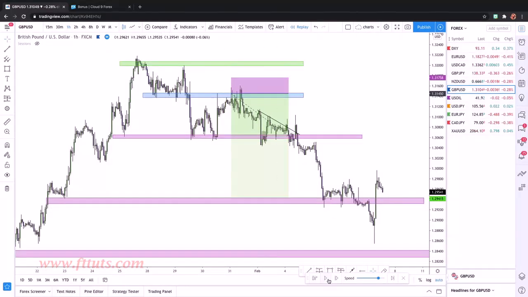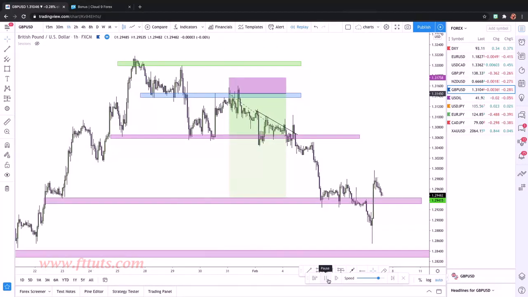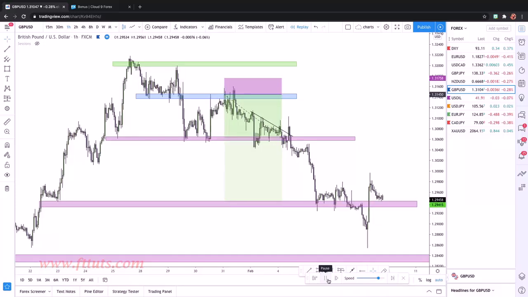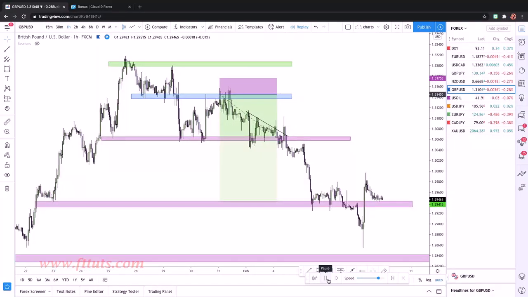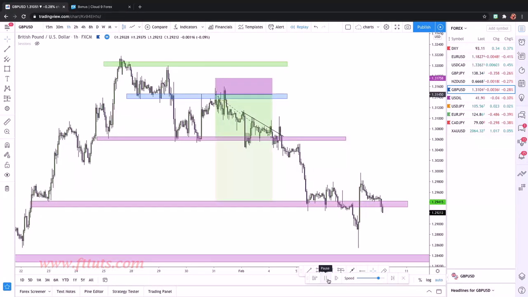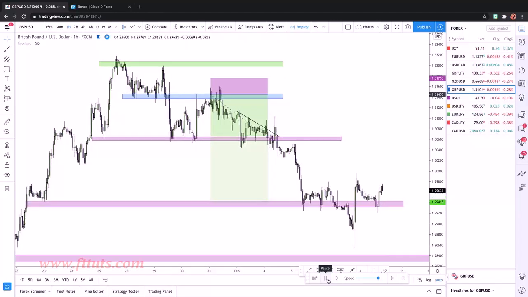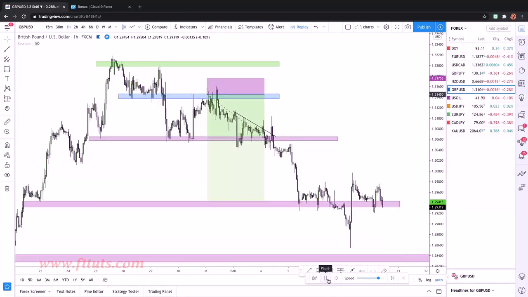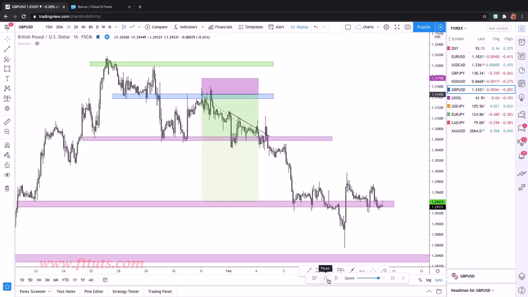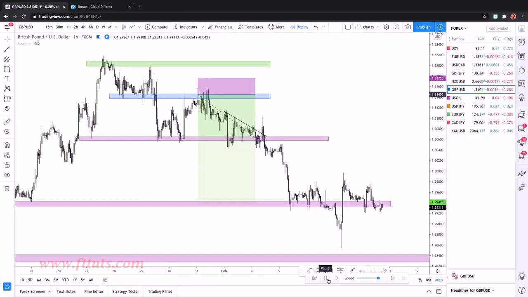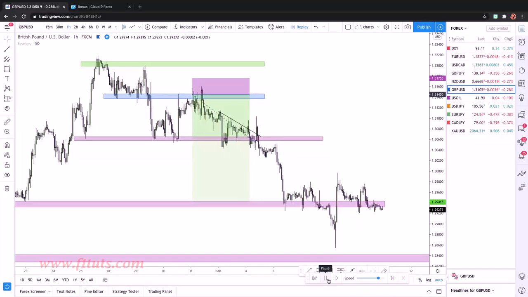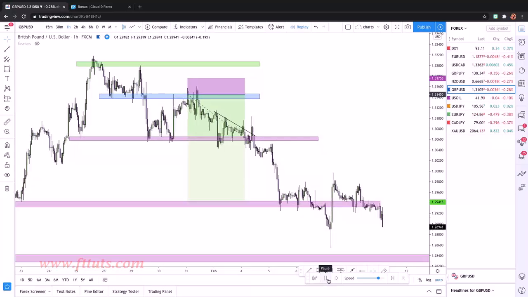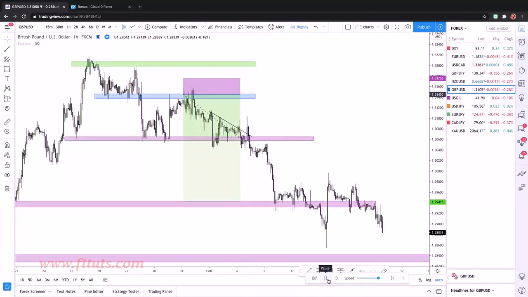But then let's just see. Okay, so it's ranging around the zone, trying to break. Continues down again.